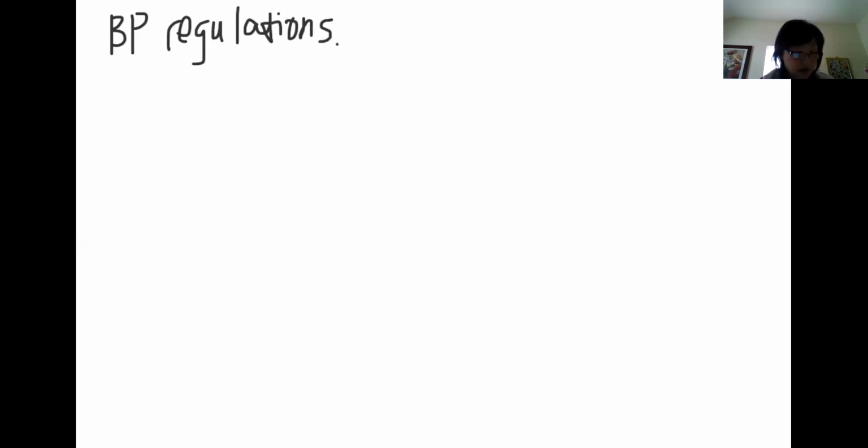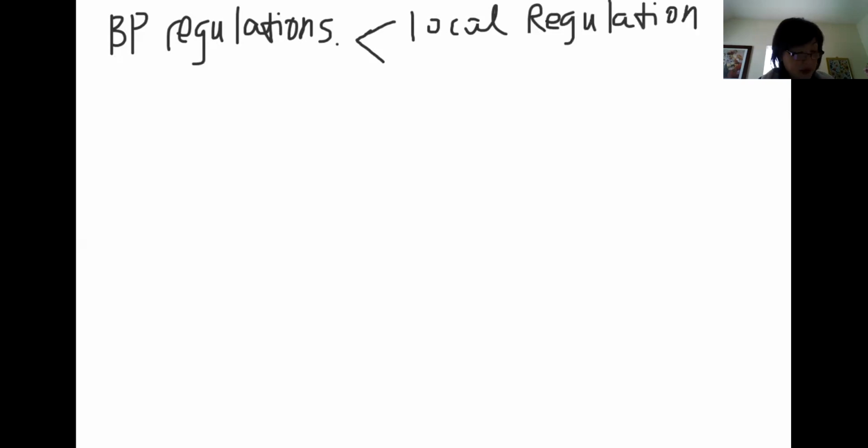Okay, so this regulation has two arms, all right? One is called local regulation. Okay, the other arm is called neural hormonal regulation.